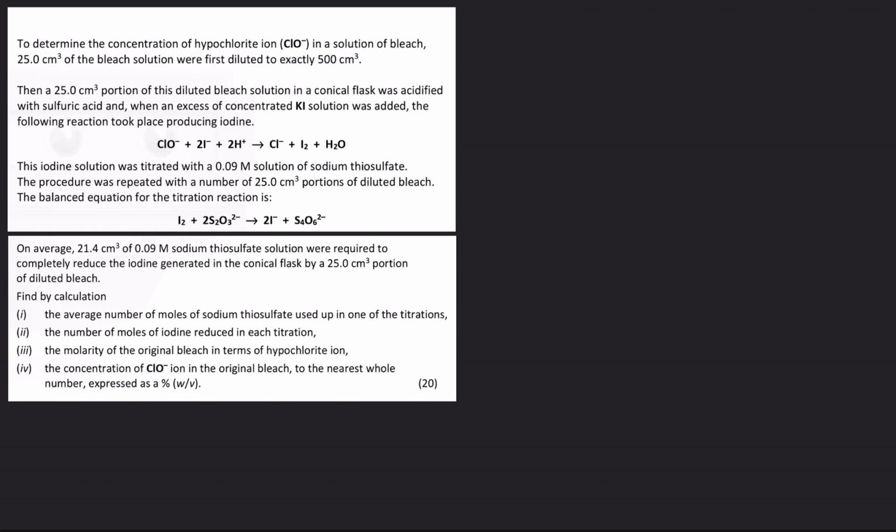Okay, so the first question is to find the average number of moles of sodium thiosulfate used in one of the titrations. So we should have looked and seen our important parts in the question, so we can underline them.